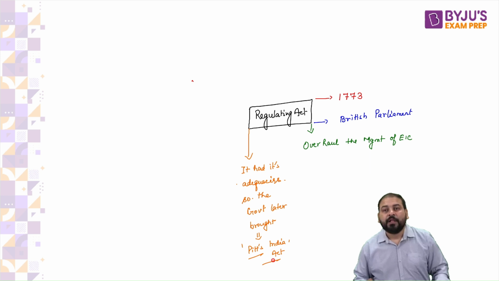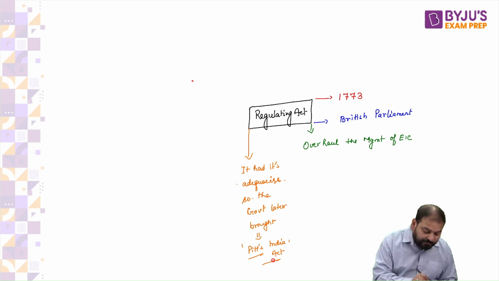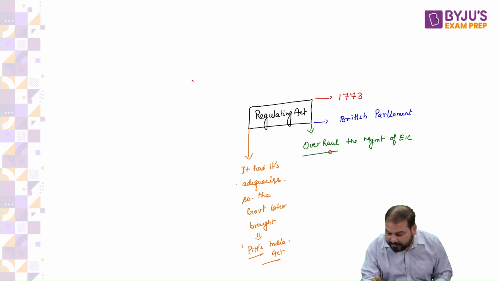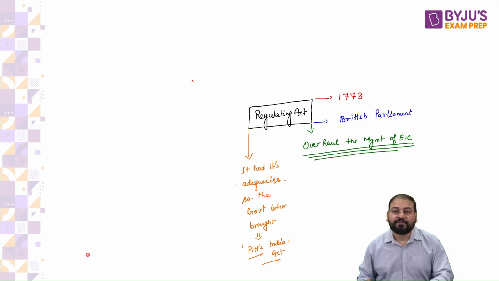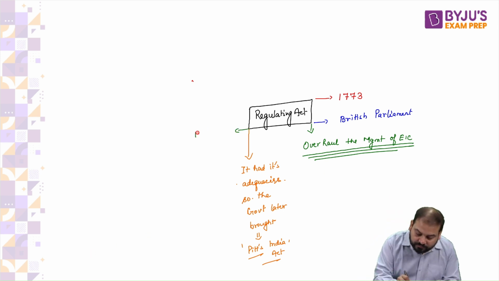So guys, the next law also comes with the same overhauling of the management of EIC. Both of these laws have the same agenda. So let's come back to this.